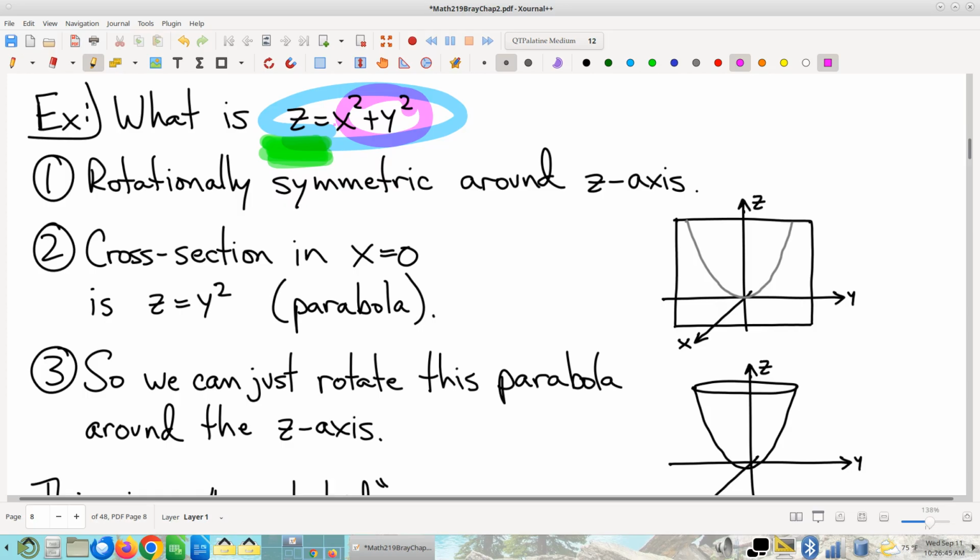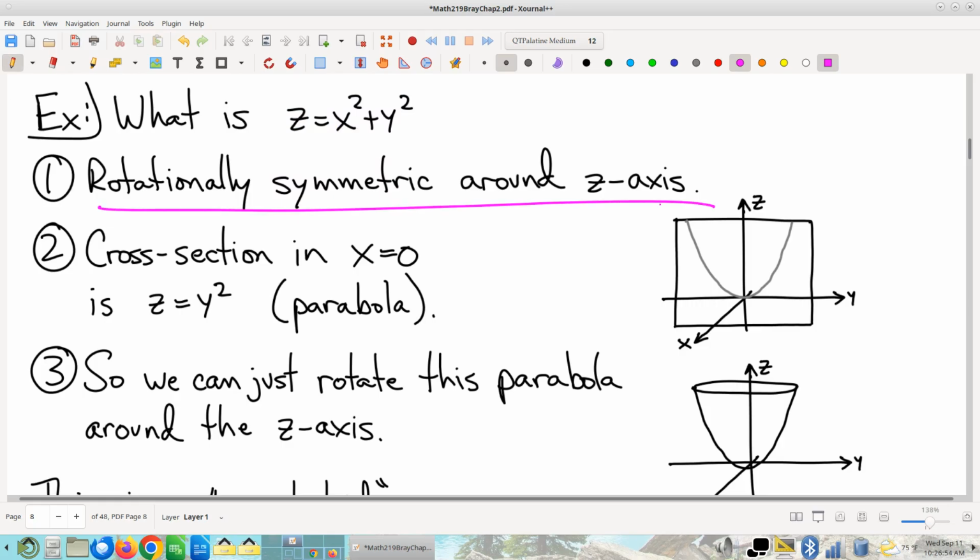Step one, to understand this surface, I claim it's rotationally symmetric around the z-axis. Now you may quibble and say, I don't see the square root in there. Isn't there supposed to be a square root? But do keep in mind you can rewrite this equation as z equals the square root of x squared plus y squared, quantity squared.